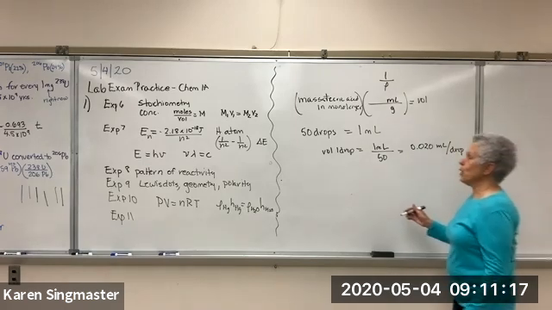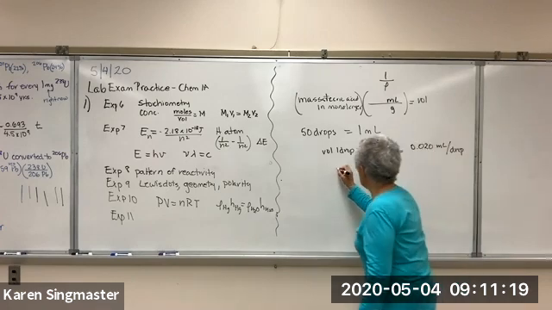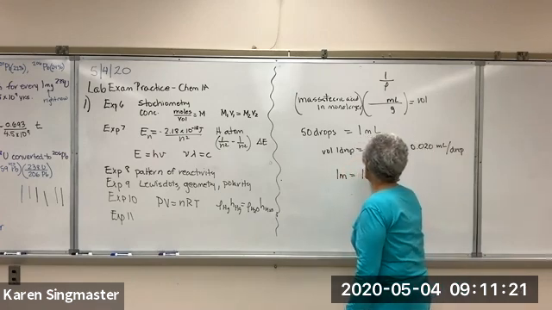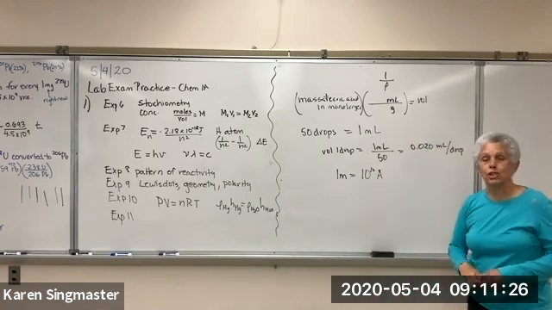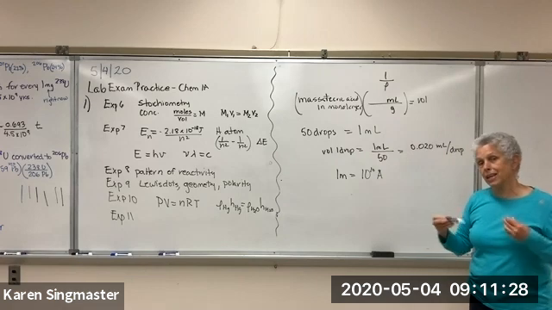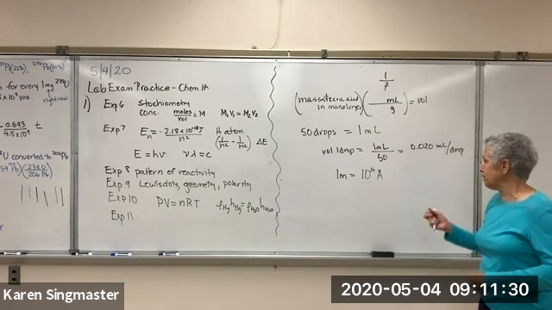Then you have to change it to angstroms. 1 meter is 10 to the 10 angstroms. So it's all about some sort of dimensional analysis, and nothing about that calculation is really that difficult.